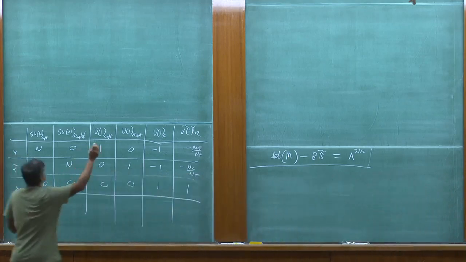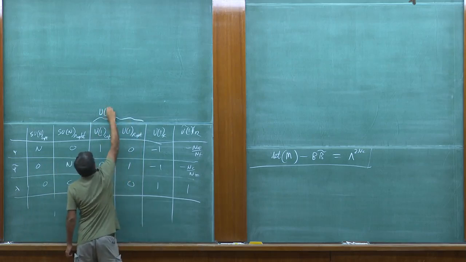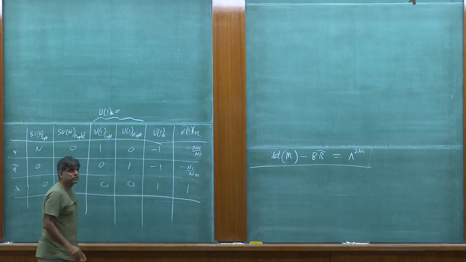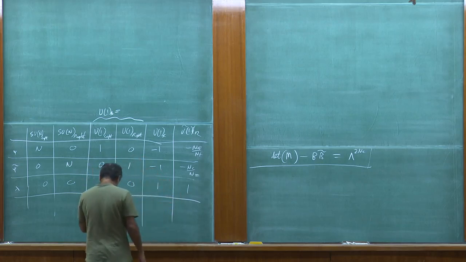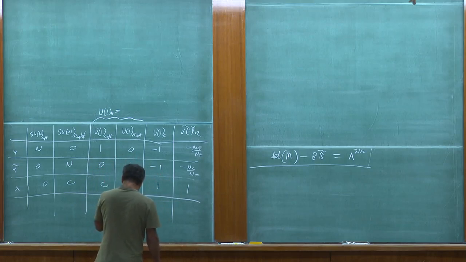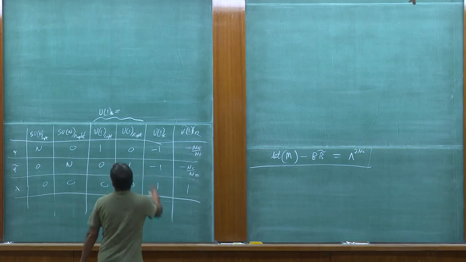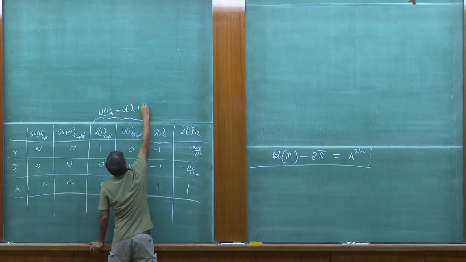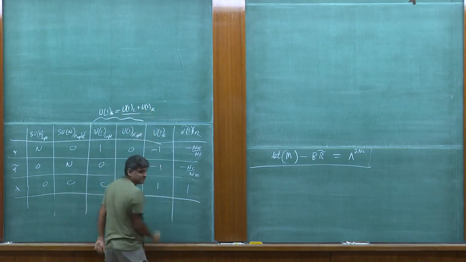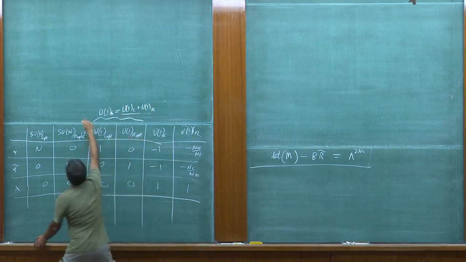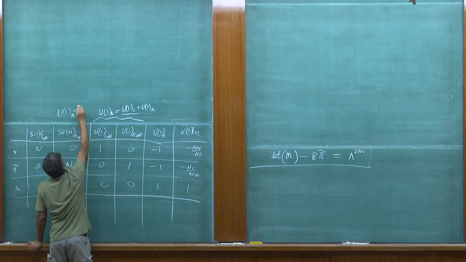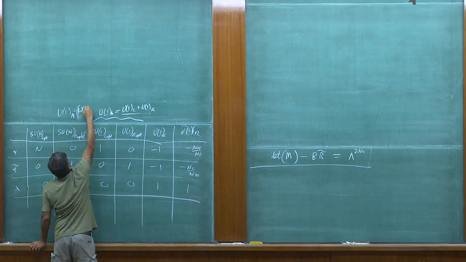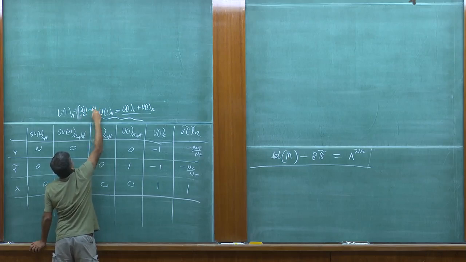We looked at U1B, which was U1 left plus U1 right, and we also looked at U1 axial, which was U1 left minus U1 right.